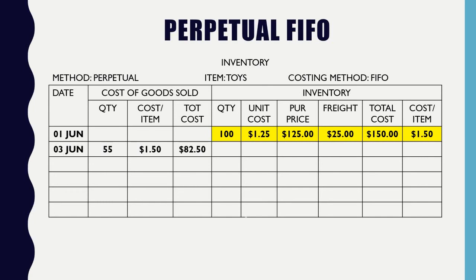So what do I need to do next? Since I have to update my inventory, I have to subtract it out. I'm going to carry into this area where I show my work. I just sold 55 units, so here I take my 100, subtract the 55, and I take my total cost of $150 minus that $82.50.